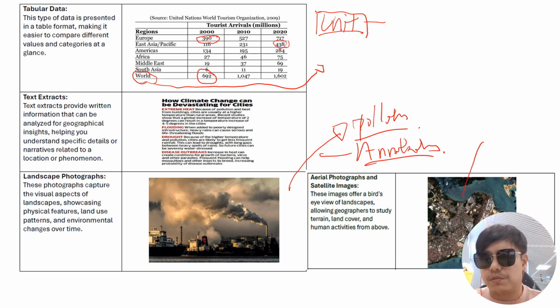Okay, so what is the difference between all these photographs? It really depends on the types of photographs that are given. My tips would be to observe the elements within the photograph first, such as landforms, vegetation, human structures. Then consider the scale and perspective of the photograph.